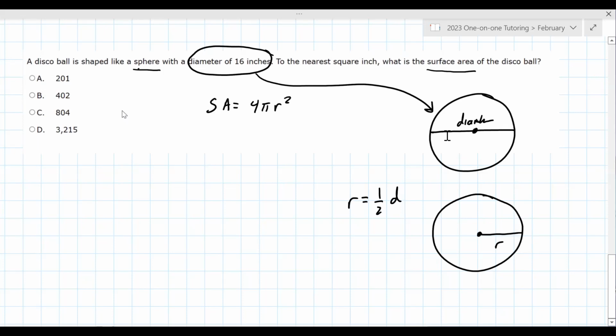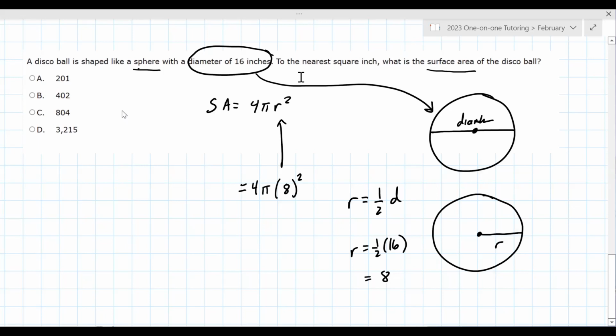Notice your formula requires you to have the radius, not the diameter. So the answer here is 4 times pi times 8 squared, because the radius is 1/2 of 16, which is 8. This one requires you to do one additional step. So 4 pi times 8 squared.